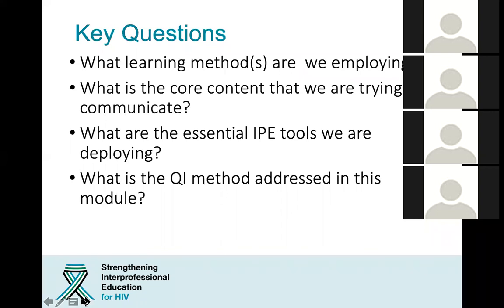So it's an ideal module to look at the different roles of the different health professions. And then lastly, it introduces the participants specifically to the fishbone tool in quality improvement.